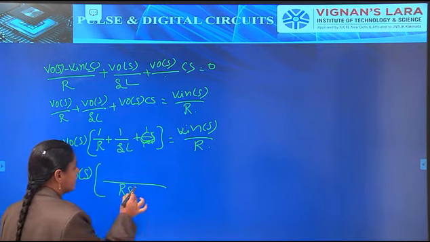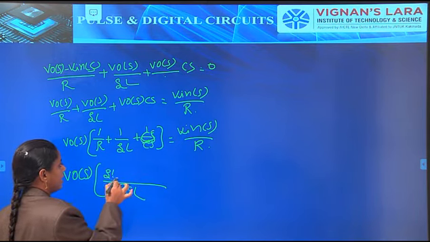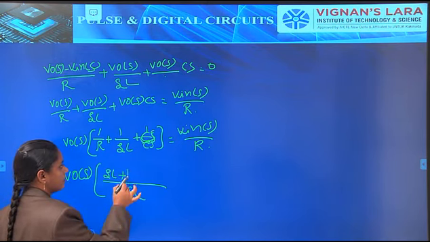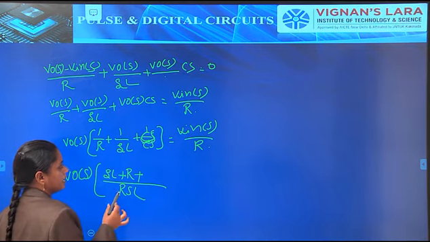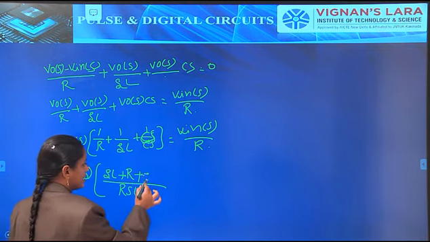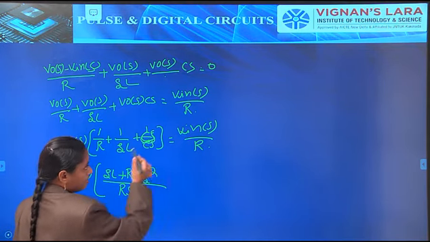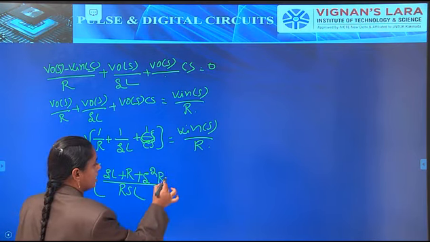That is RSL, and SL plus R, and S square RCL.